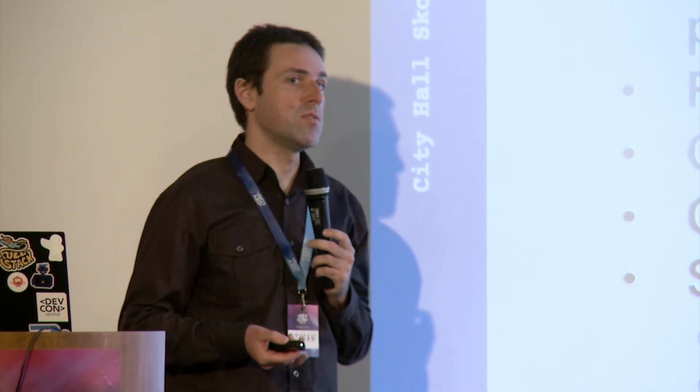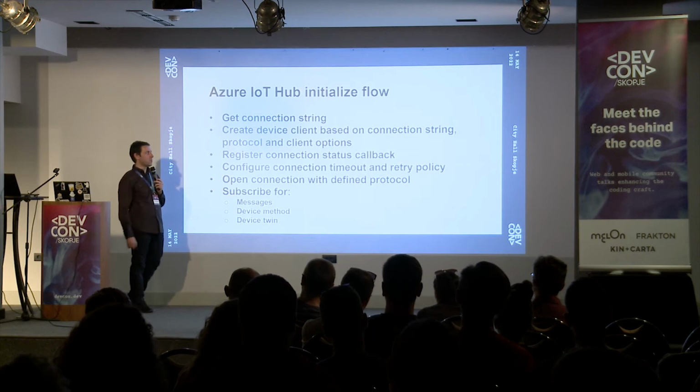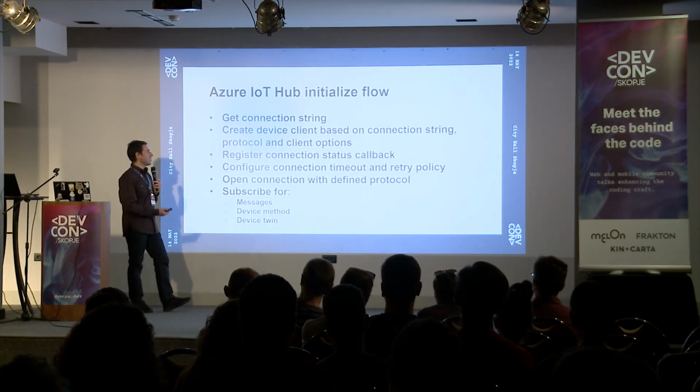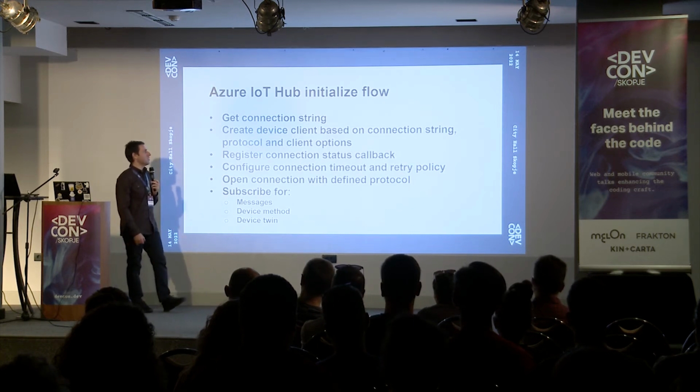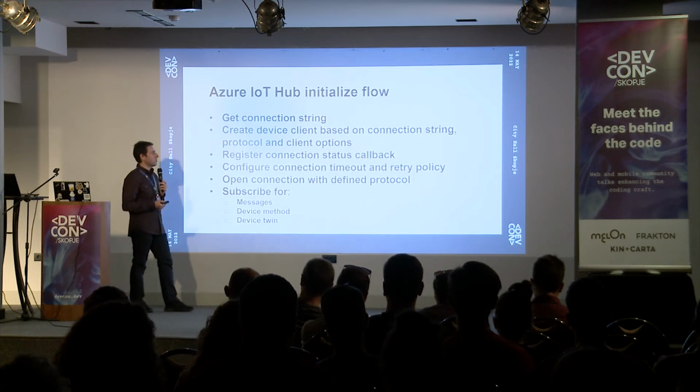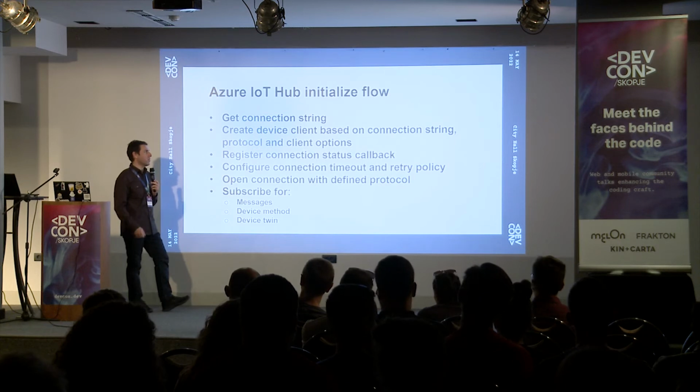We must get the connection string from the server before starting the connection. It usually works by logging in to the server with email and password. Then the server will return the connection string. After you have the connection string, you can create a device client, which also needs the protocol that will be used for the connection and some client options.